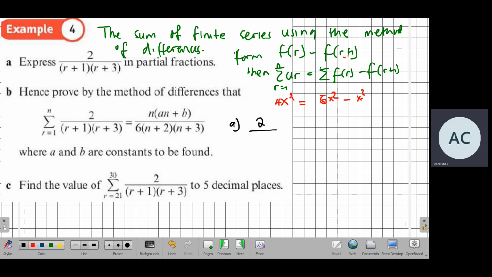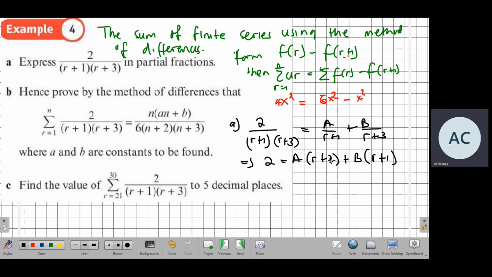You are simply going to say this is equivalent to 2 over (r plus 1)(r plus 3), which is equal to a over r plus 1 plus b over r plus 3. This further implies that 2 is equal to a(r plus 3) plus b(r plus 1). So we can eliminate a or b in trying to find the actual values that represent a and b.